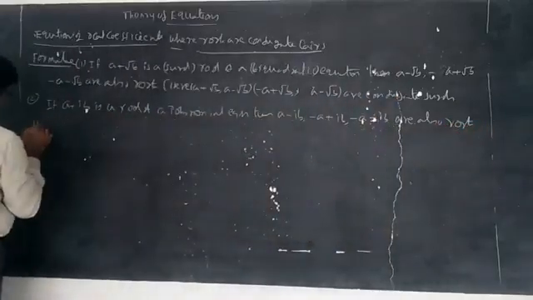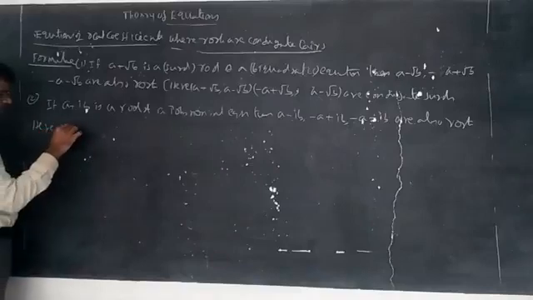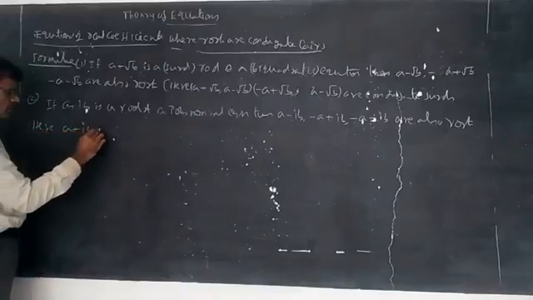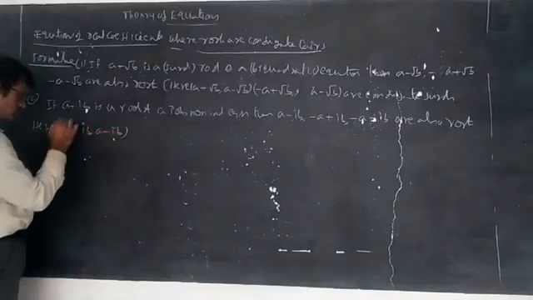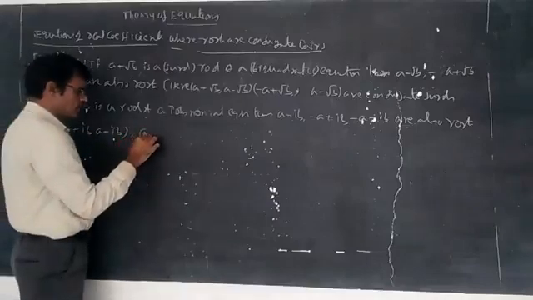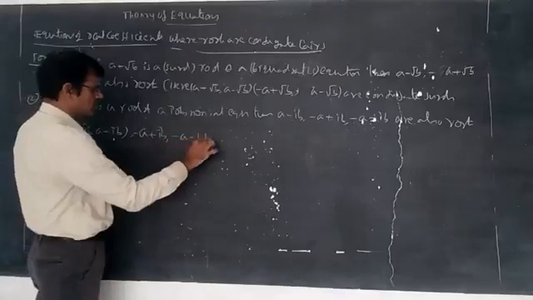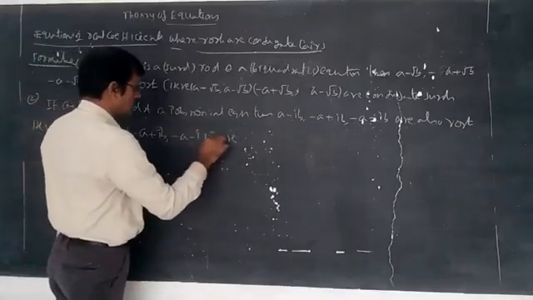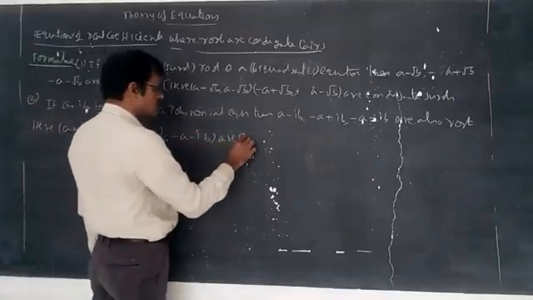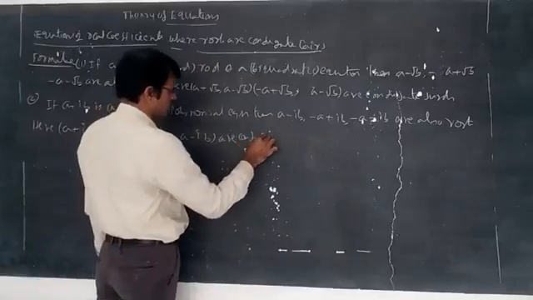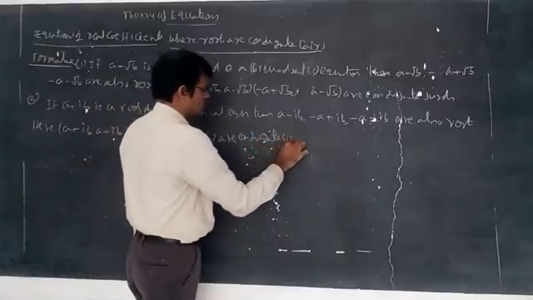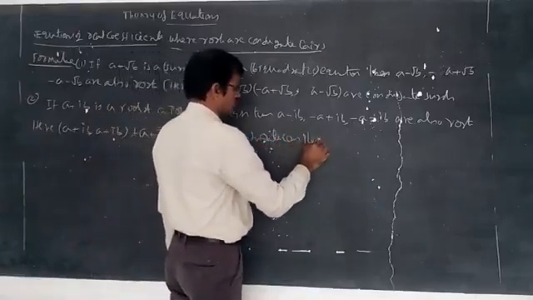Here a plus ib, a minus ib is a pair. Minus a plus ib, minus a minus ib are conjugate complex numbers.